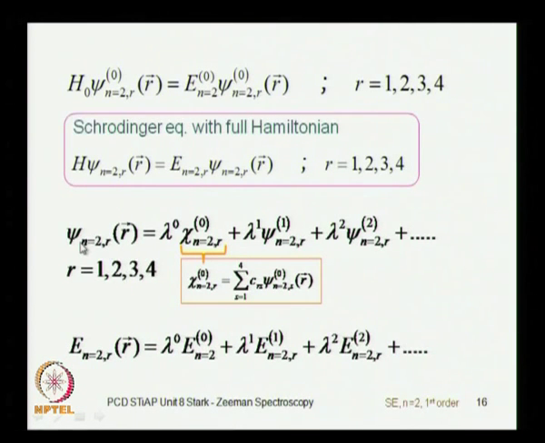This is the expansion for the wave function, and you have got a corresponding expansion also for the energy, the energy including the perturbation. It will be the unperturbed energy plus the correction in the first order, the correction in the second order, and so on. So this is the perturbation order expansion, and you have got similar relations for each value of r going from 1 through 4.